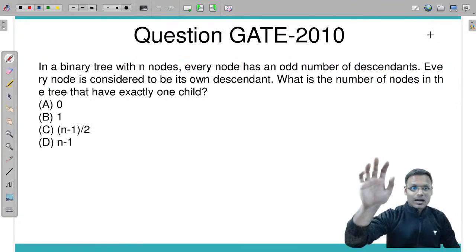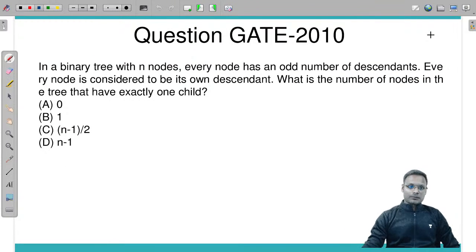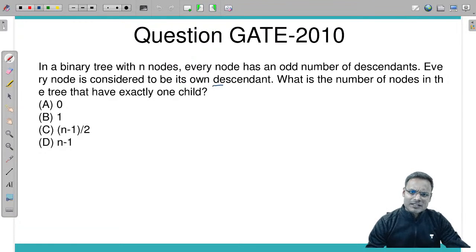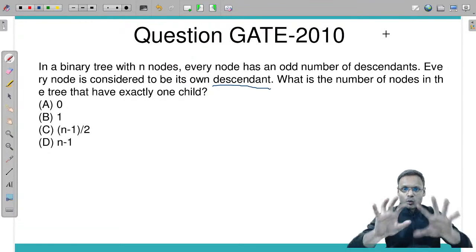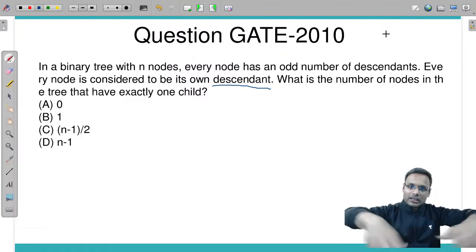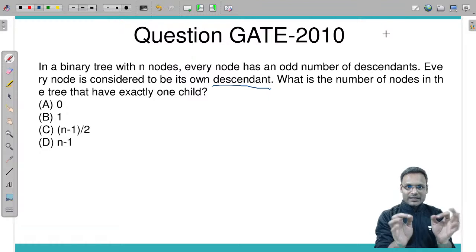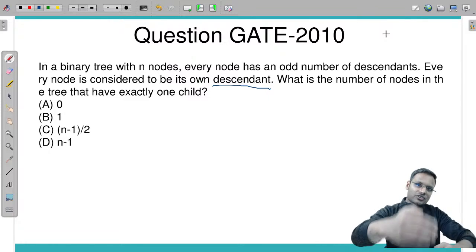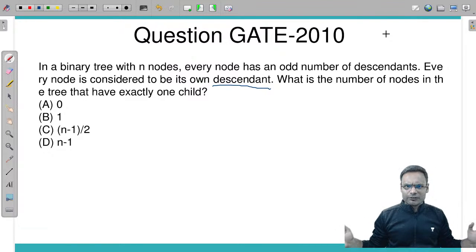Got it? Let's move ahead. Then there is a question. In a binary tree with n number of nodes, every node has an odd number of descendants. Every node is considered to be its own descendant. What is the meaning of descendant? Descendant is not only children, but children and their children and their children till the last leaf.